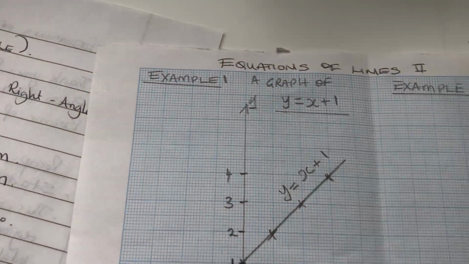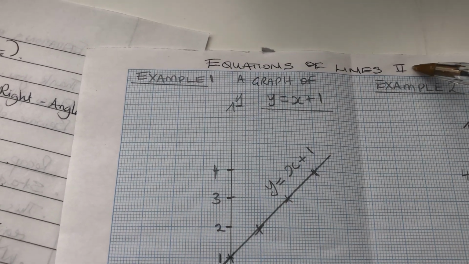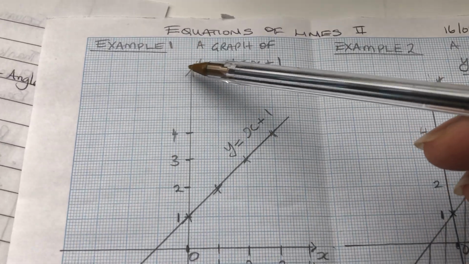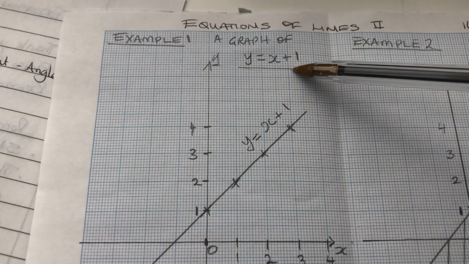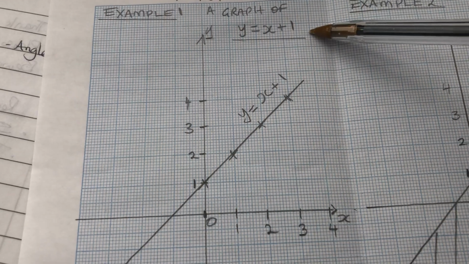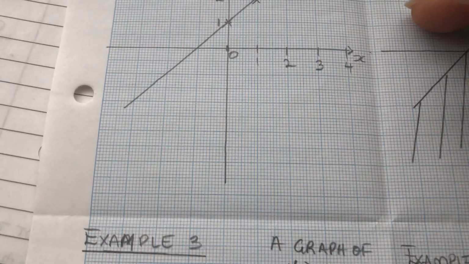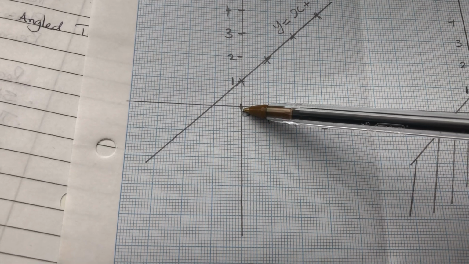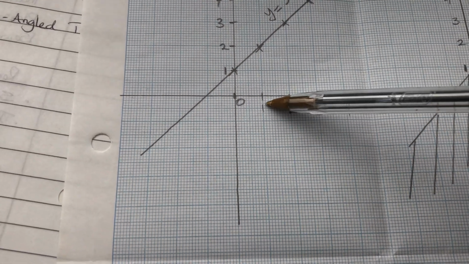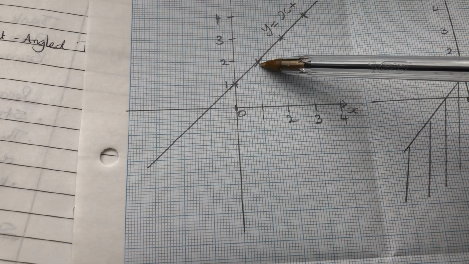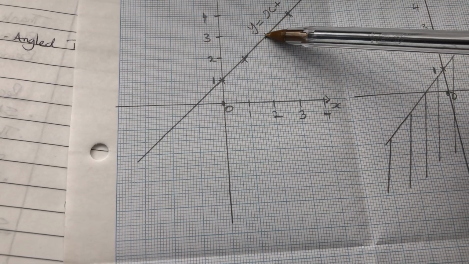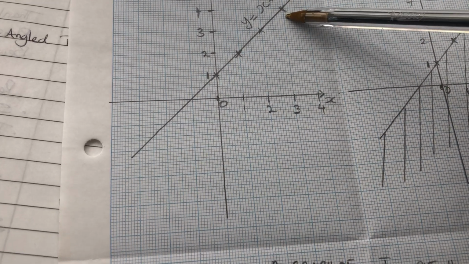The first example says I should draw the graph y equals x plus 1. So now the coordinate is when x is 0, y is 1. That is the first one. When x is 1, y is 2. When x is 2, y is 3. And when x is 3, y is 4.